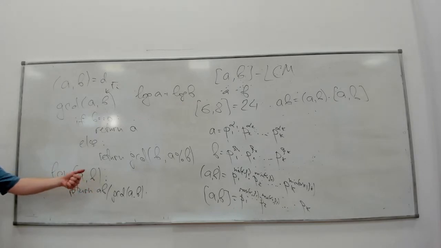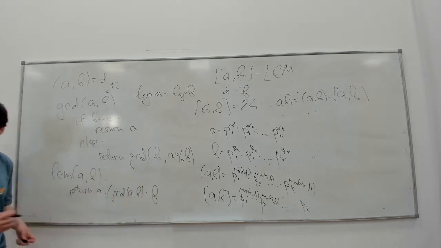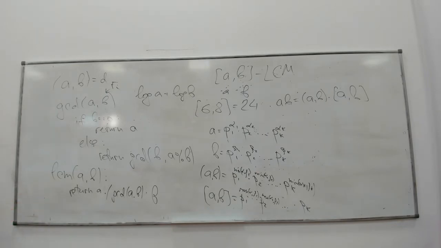So instead, you know that A is divisible by GCD, so you just divide A by GCD and multiply by B afterwards. This will give you no problems with overflow. Okay. Good.